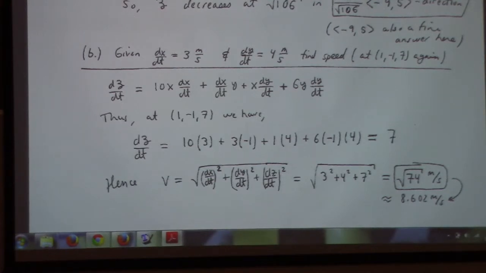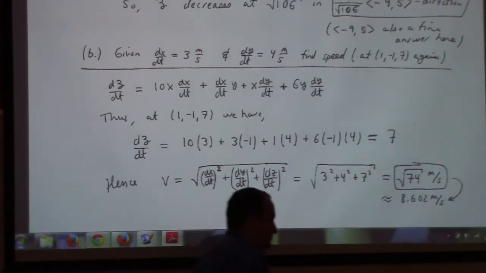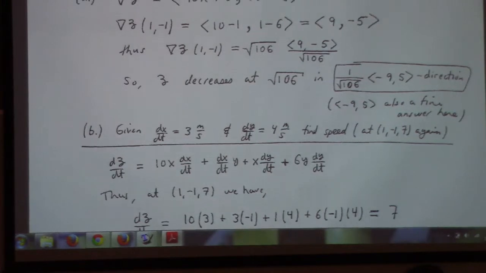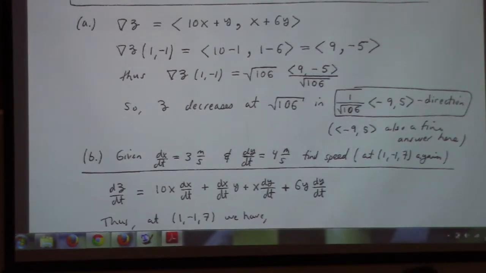So what was the original thing? How do I differentiate? So just to be clear, up here, I had z is equal to 5x squared plus xy plus 3xy squared, right?